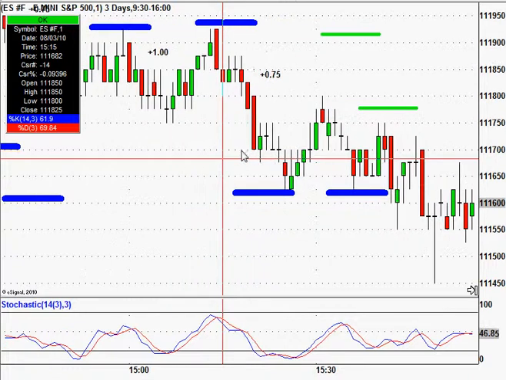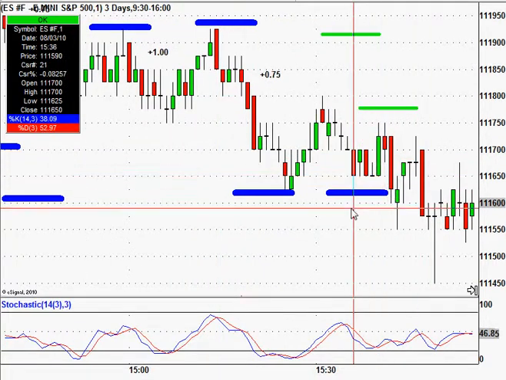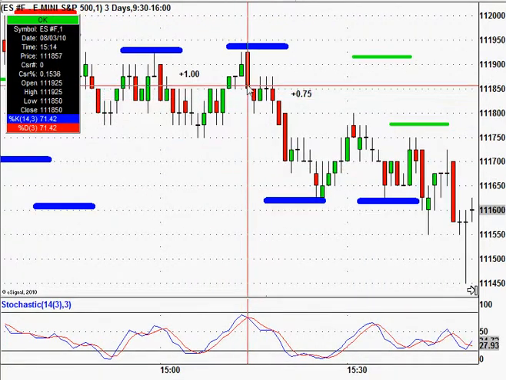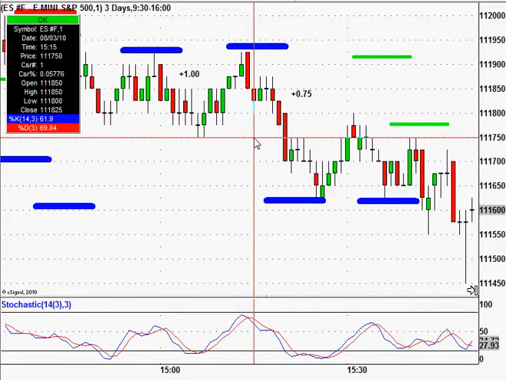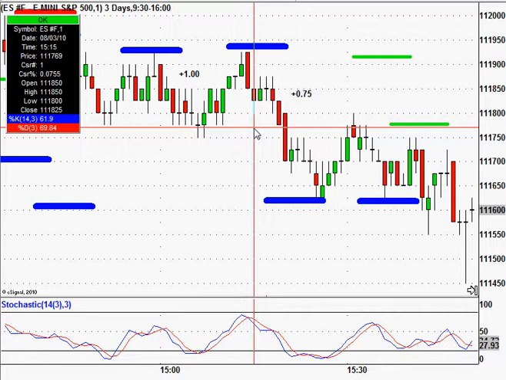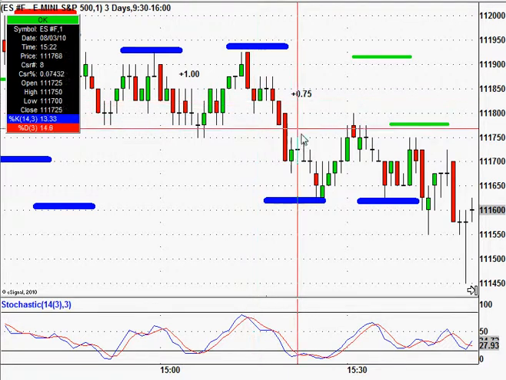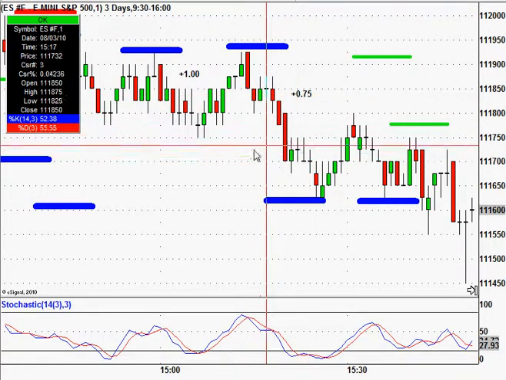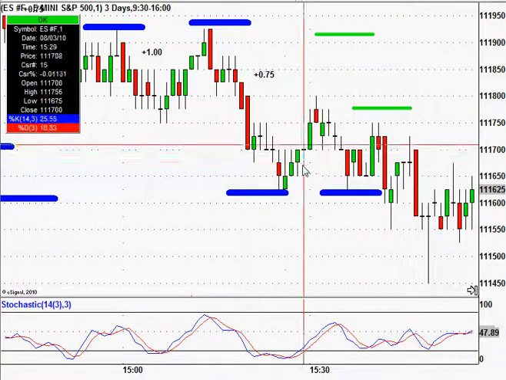In this case, it was the candle that made the high, and it didn't go straight almost to our target. It was on the other candle. So in this, I wouldn't do this one.